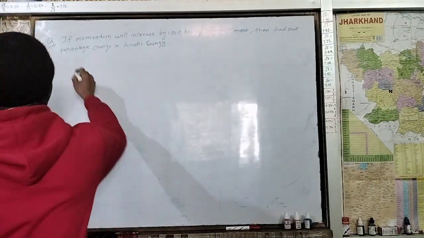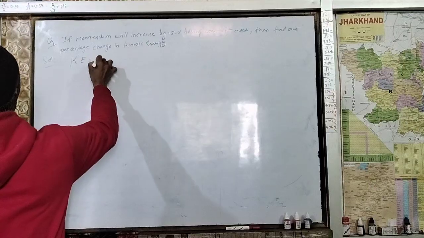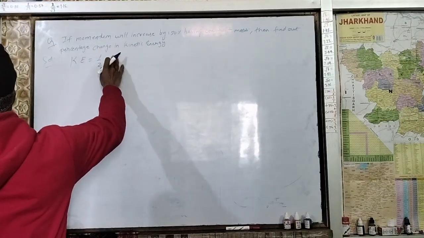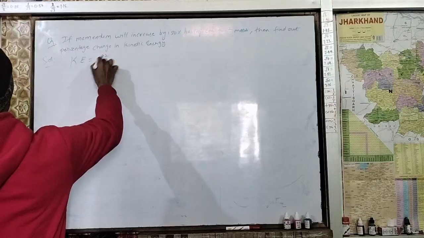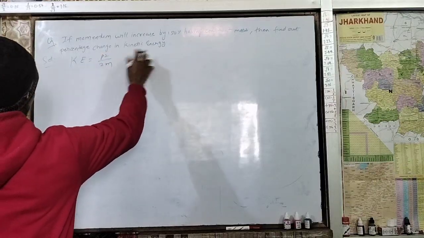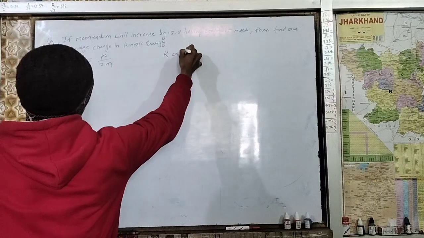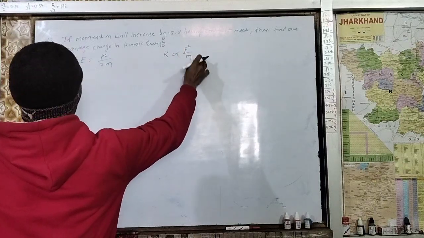Here, kinetic energy is equal to 1 by 2 m v squared, but it can be written as P square upon 2m. This came from here. K is directly proportional to P square upon m.